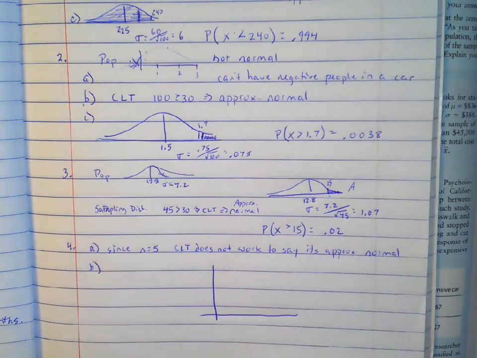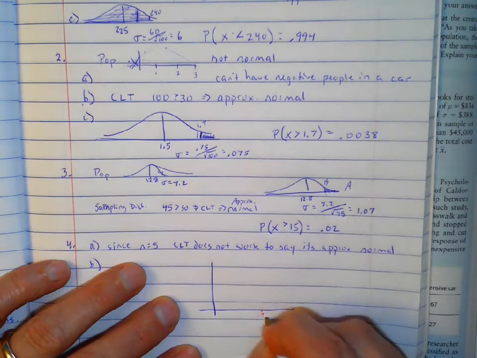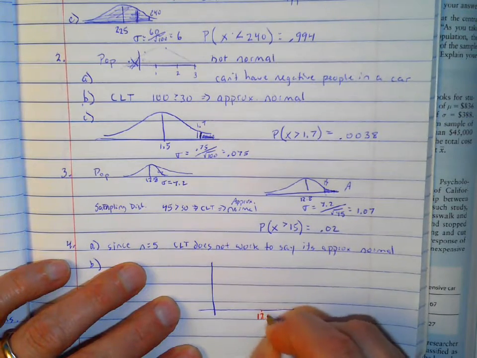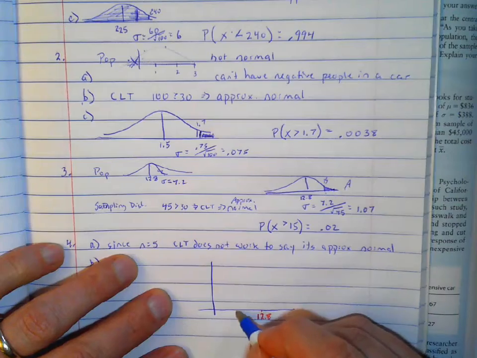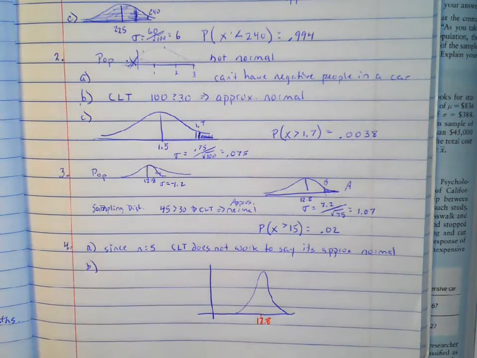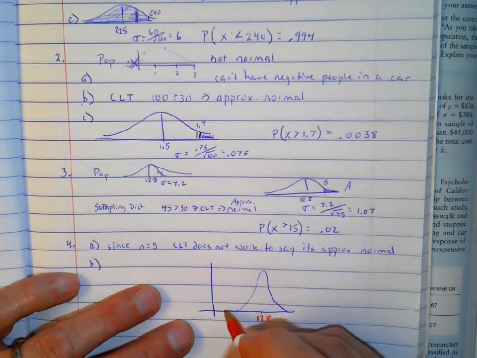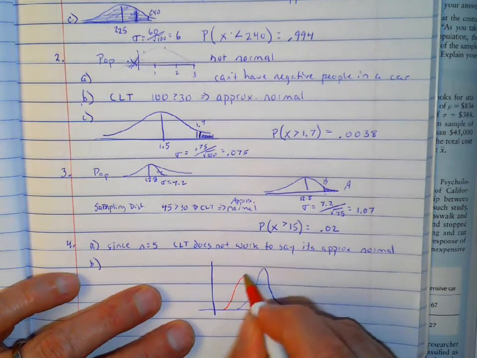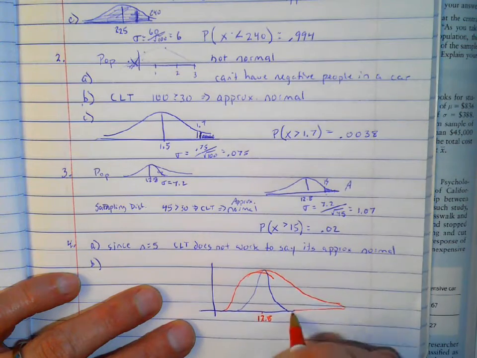The average wait time was 12.8 minutes, so here's 12.8. There's my center of both graphs. One of them is going to be skinnier and approximately normal, and the other one is going to be wider and skewed to the right, just like the population.